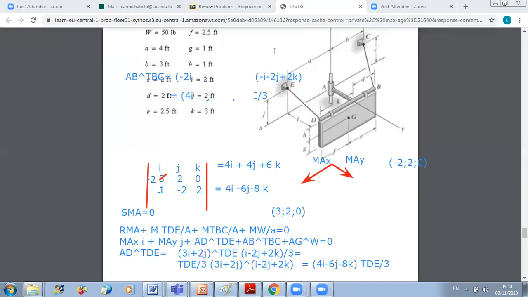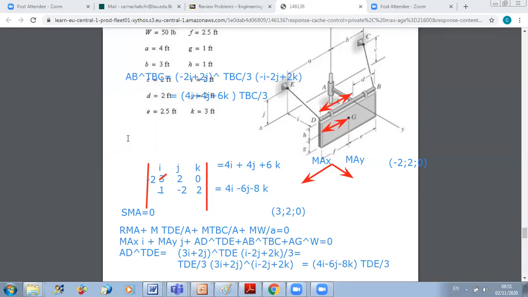Let us look for the coordinates of G. First, as you can see here, it's along minus Z, so it's minus H. Now to find X and Y, I know it is a little bit tricky, but if you look at your figure, you have that G is at a distance from D equal to F. So you should take the coordinate of D and then you do minus F. So you do K minus F, or you can take E minus D. Both will give you the same result.